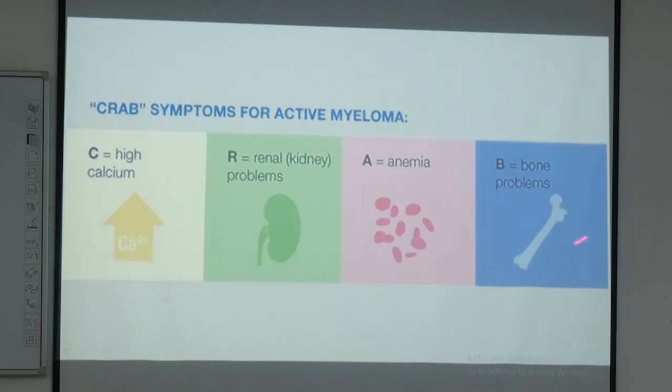So one is the bone is becoming weak and there is high level of calcium, and these immunoglobulins which are produced in excess amount pass through the kidney, and after a certain period of time this excess calcium and this excess protein damage the kidney. So there will be kidney problem and kidney failure. So there is high calcium, kidney failure, anemia and bone problems.